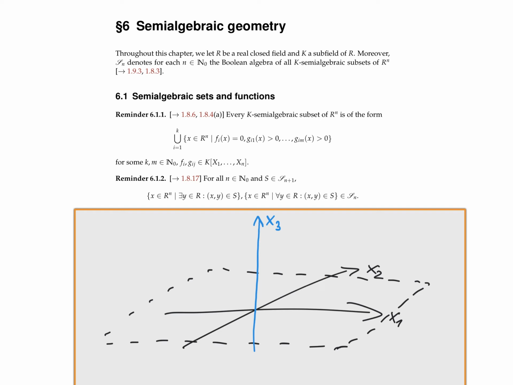Okay, and then I have some semi-algebraic set. So maybe for example I have a union of a ball with a rotated cube.